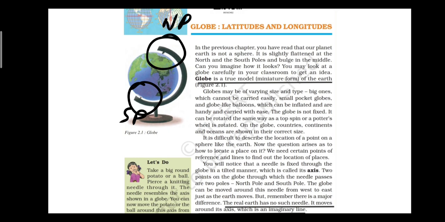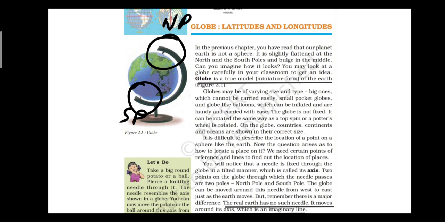So these needles are attached to the globes, and it is because of this needle only that the globe can be rotated like a topspin or a potter's wheel. So it is because of these needles that it can be rotated. So topspin in Hindi we call it as lattu. So how a lattu or a potter's wheel is rotated, in the same way we can also rotate the globe.